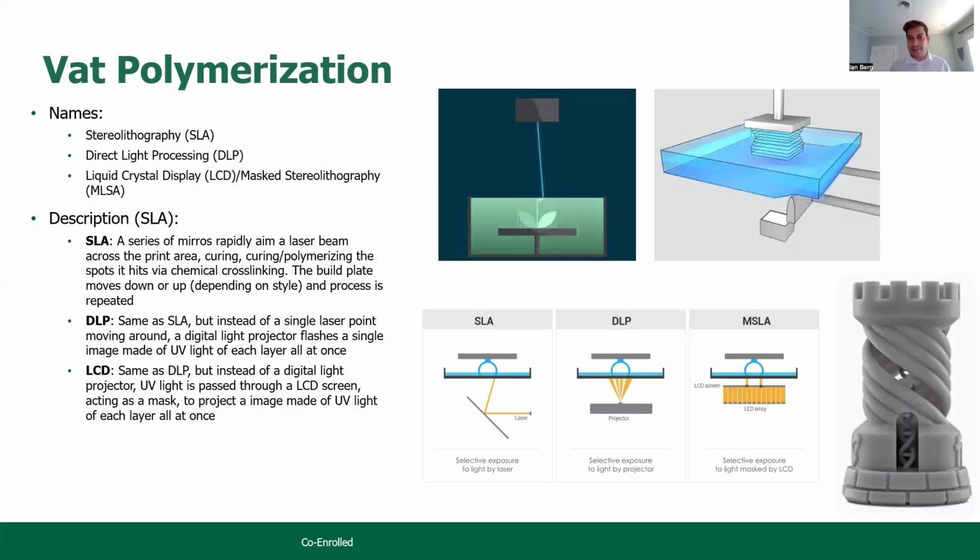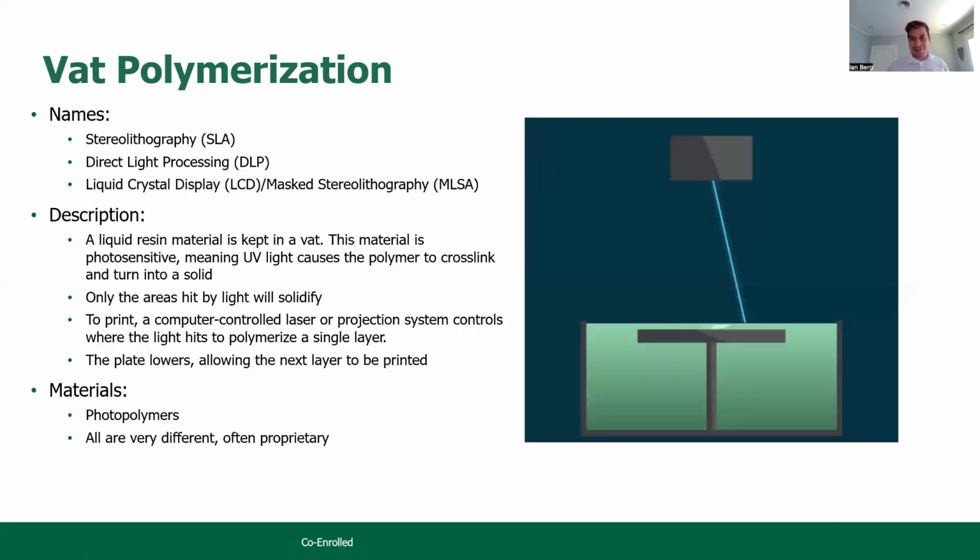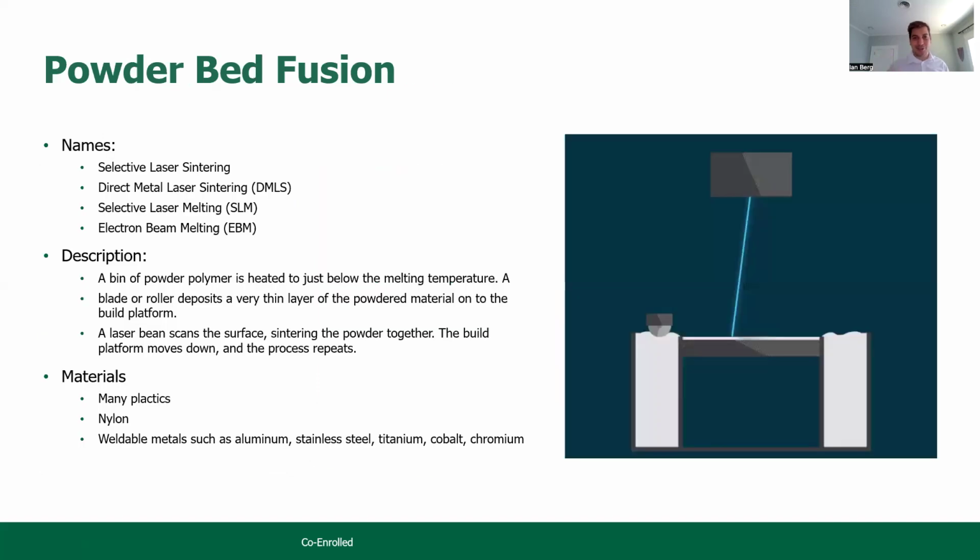Very likely it is one of these vat polymerization. The other technology that it could be, we'll pin that, we'll come back to it, is this last one, powder bed fusion. Depending on the material of that gear, there is a good chance that it's this version. The difference between this one and the last one is they're very similar.